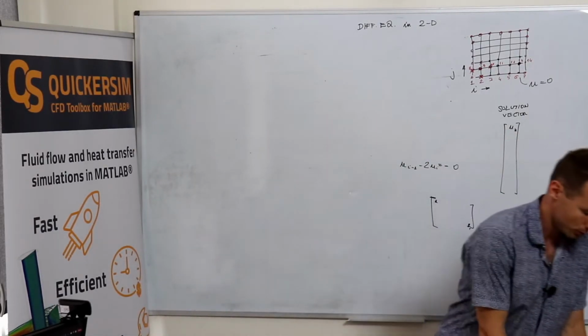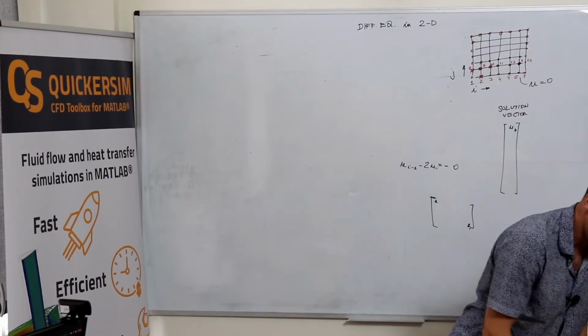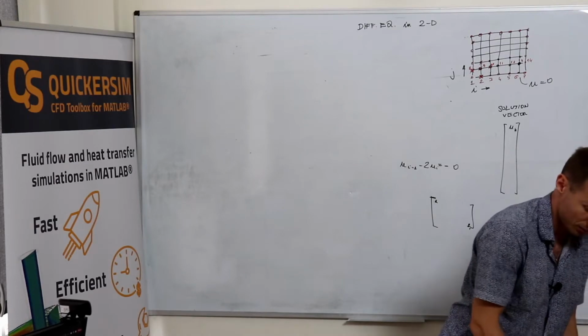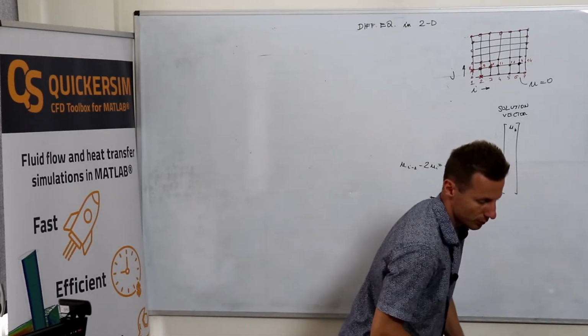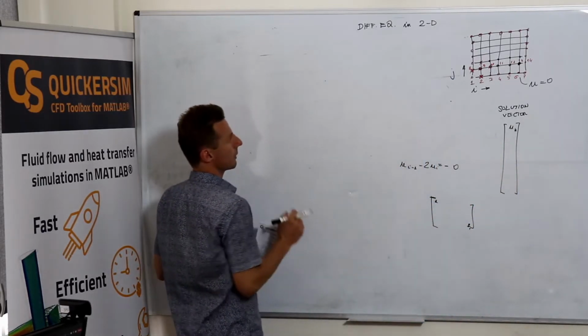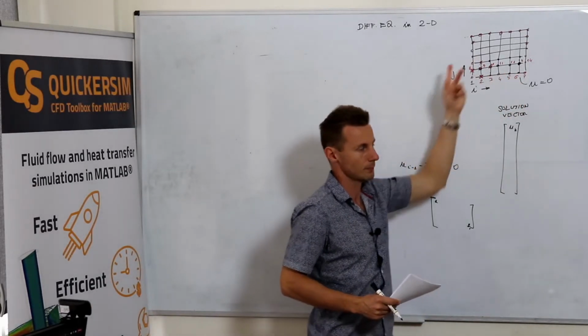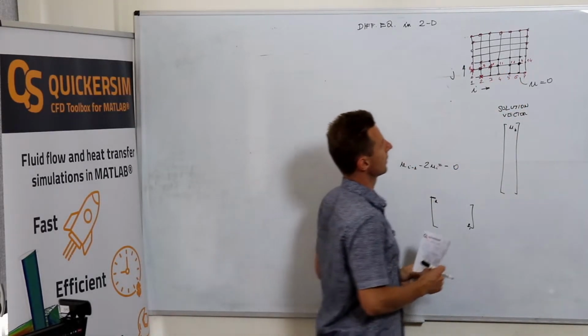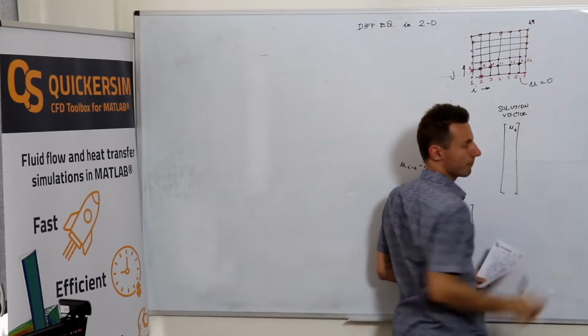And I want you to guess right now what the matrix structure would be for such a system. Can you already imagine if we use such a numbering? And then probably, if I'm not mistaken, this one would be 49.